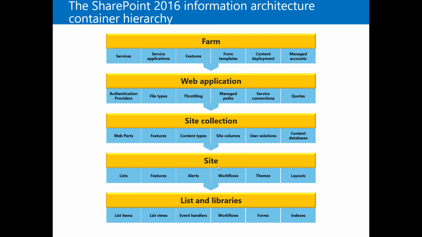And each site will have its own lists and libraries. Lists and libraries are basically the most important thing. A list is like a table in Excel where you have different columns. Every column will have a column data type, and each one will represent some constraints.